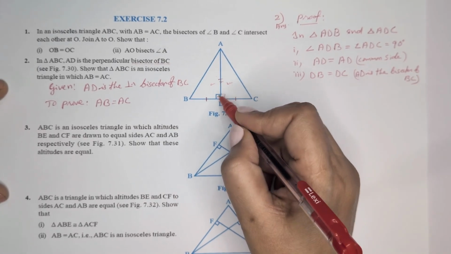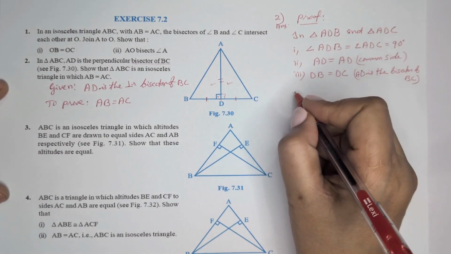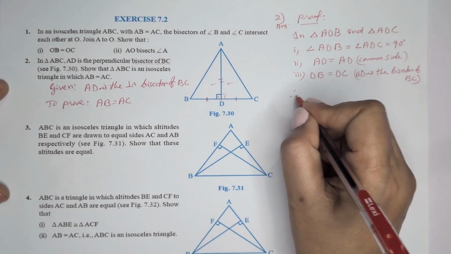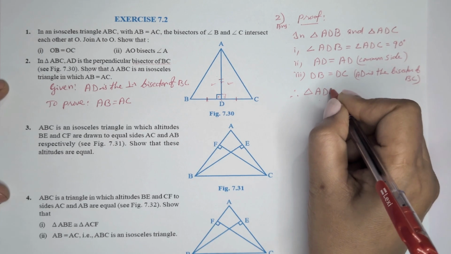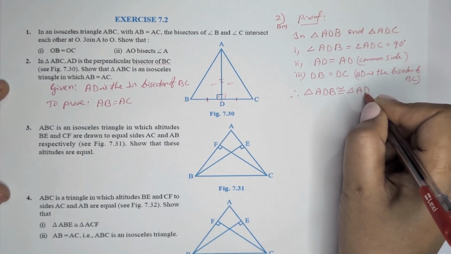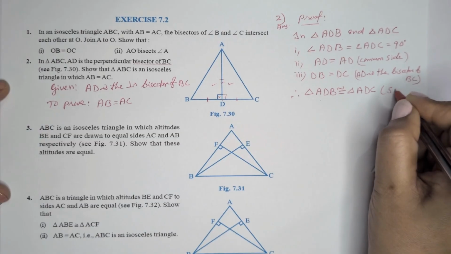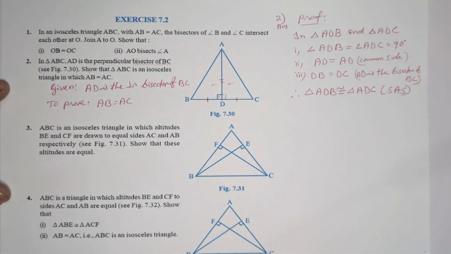Now side, angle, side. Using SAS, we can write therefore these two triangles, triangle ADB congruent to triangle ADC by SAS. Two sides and one angle.